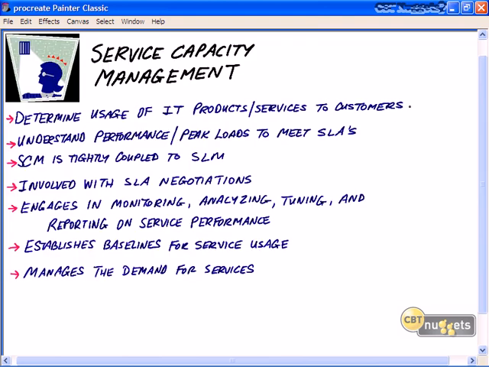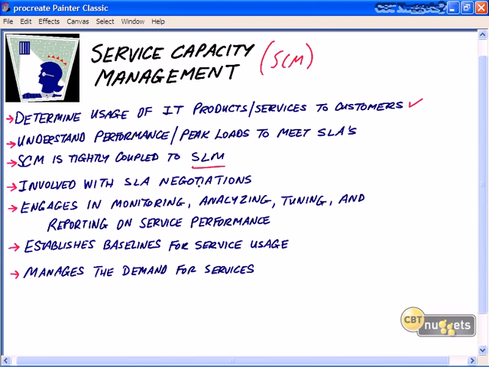Service capacity management, the sub-process, is going to focus on the usage of IT products and services directly to customers. It focuses on end user utilization to perform their roles on a daily basis. We have to understand the performance loads and the peak loads to meet service level agreements, and also understand that SCM, this is also known by the way as SCM, is tightly coupled with service level management.